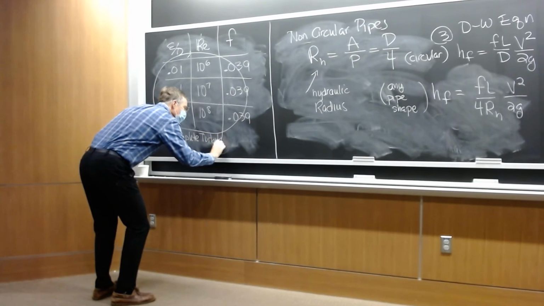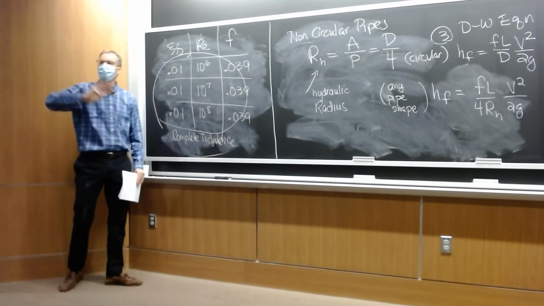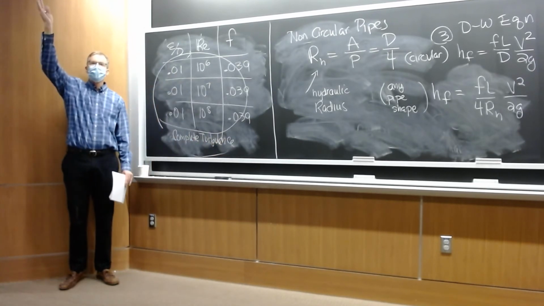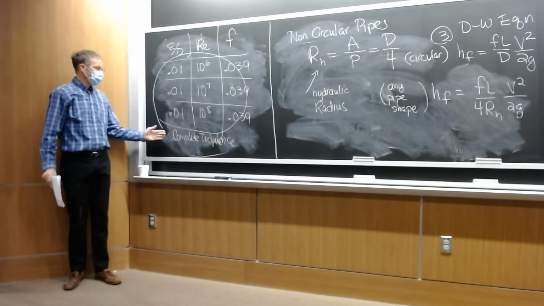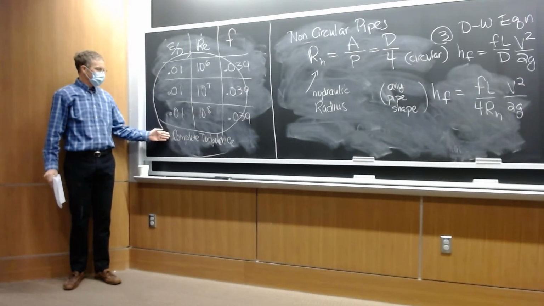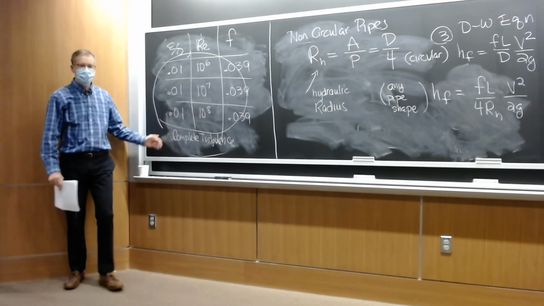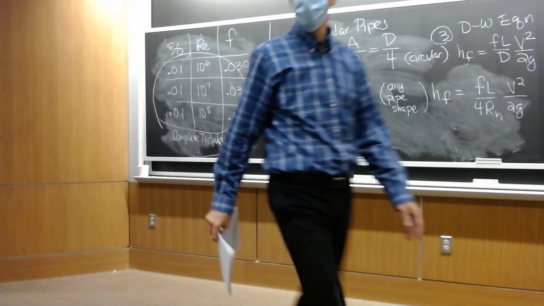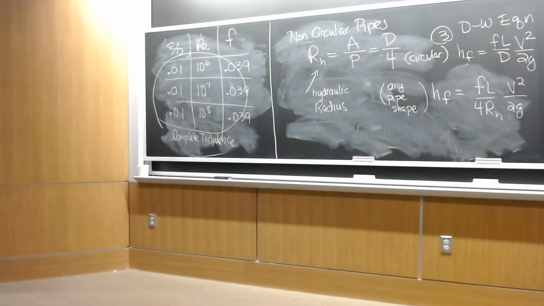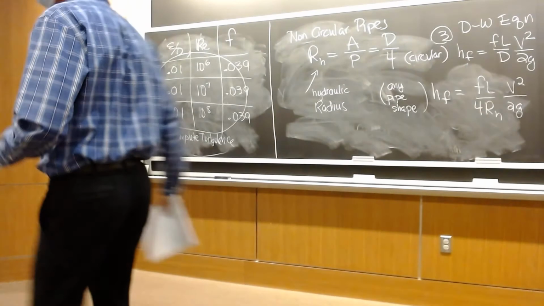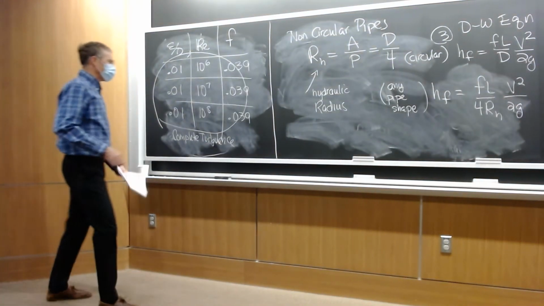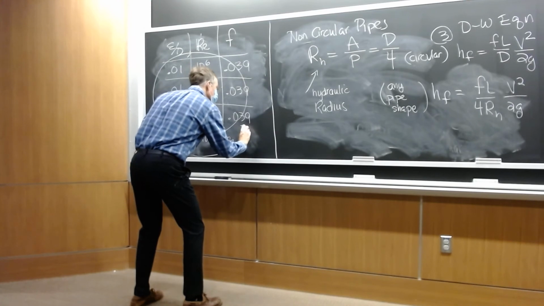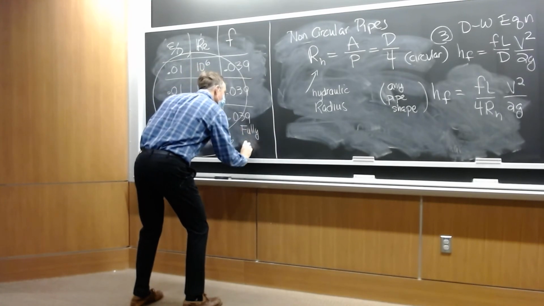They call it complete turbulence. If you're on the diagram above and to the right of that dashed line, you're in the region that my diagram calls complete turbulence. It's the same diagram, but in the textbook it's a different version. I've also seen it called fully rough.